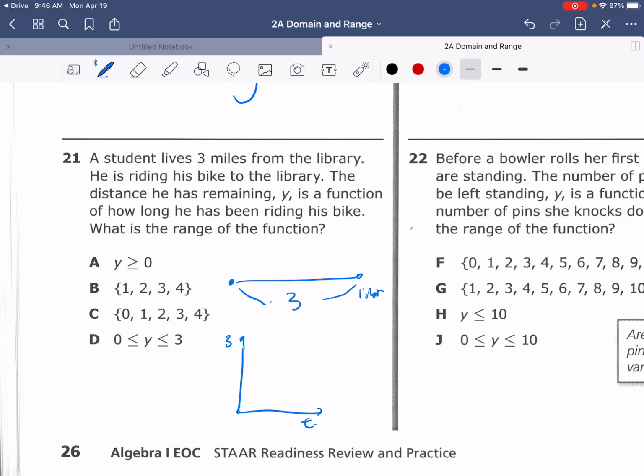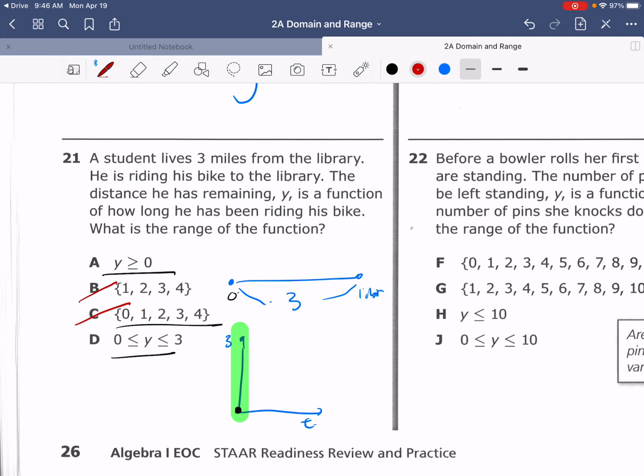Now, we are trying to find the range here. Obviously we start from 0 because you cannot go below 0 for the distance. So it's going to be either this, this, or this. Now, is distance discrete or continuous? Just ask yourself, can you have 1.5 miles? Yes, you can. So you can delete this discrete option.